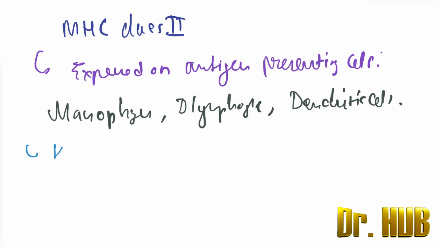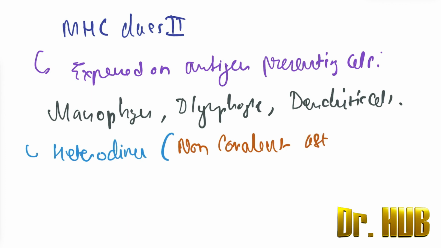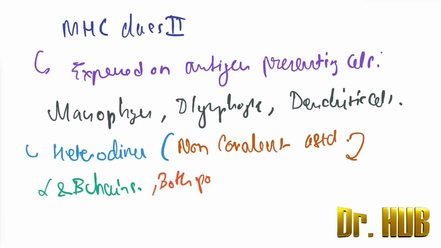It's a heterodimer, and it consists of non-covalently associated alpha and beta chains, both of which are polymorphic.